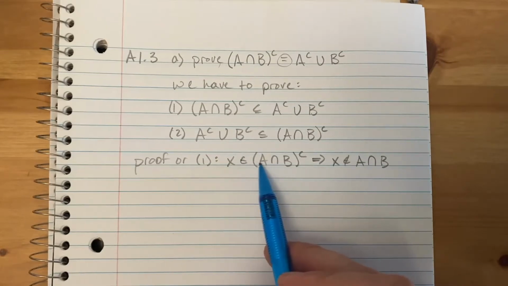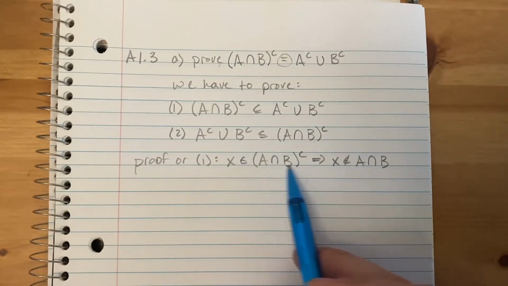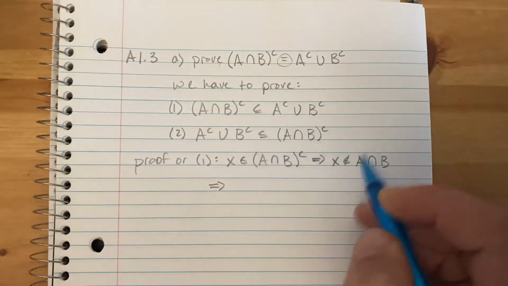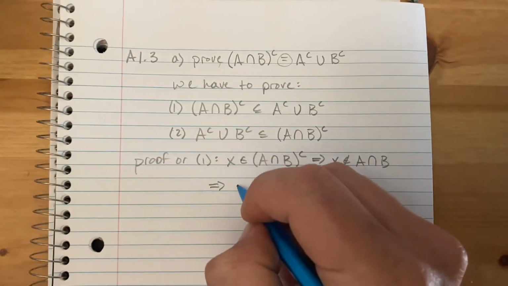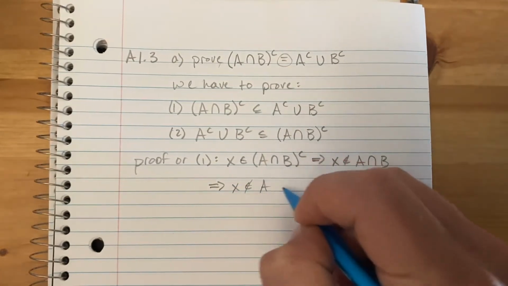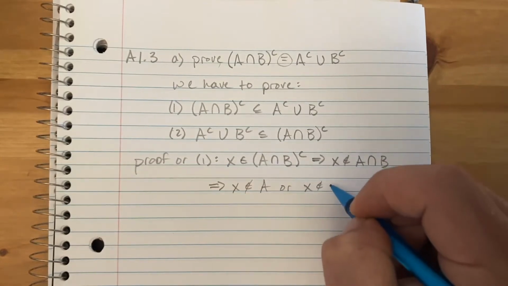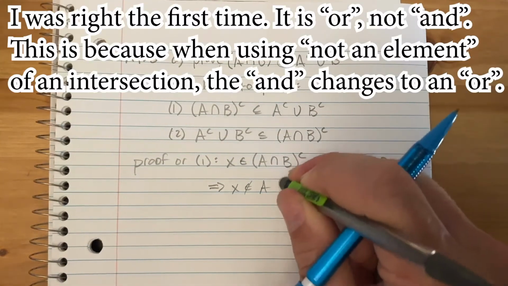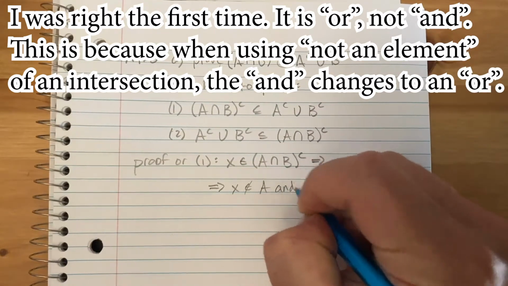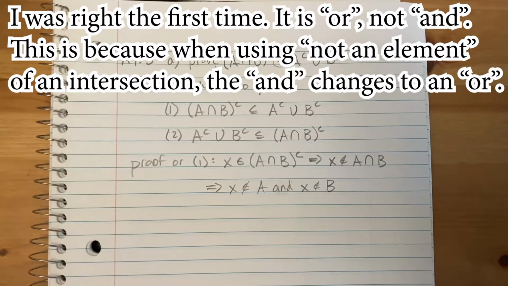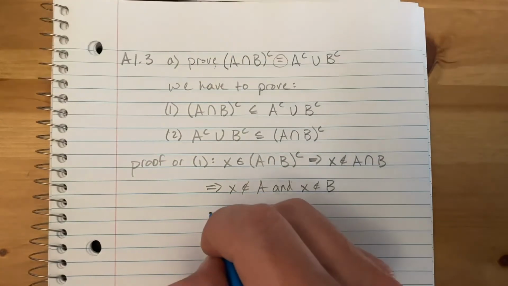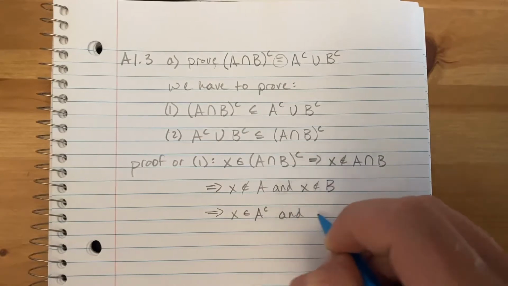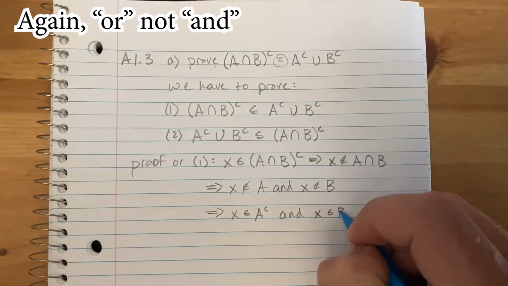If x is an element of this complement, it means it's not in A intersect B. Then either x is not an element of A or x is not an element of B. If that's true, then x is an element of A complement, or x is an element of B complement.